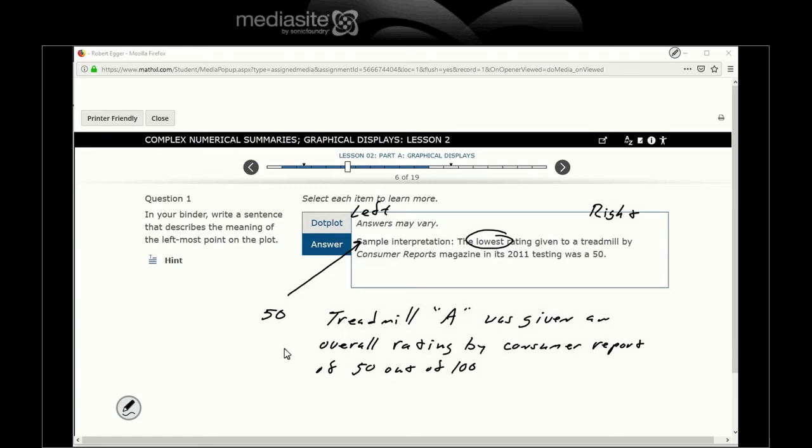So now I know that, you modify that answer to say it was the lowest score given. Are you ready to modify your answer based on what the book said?